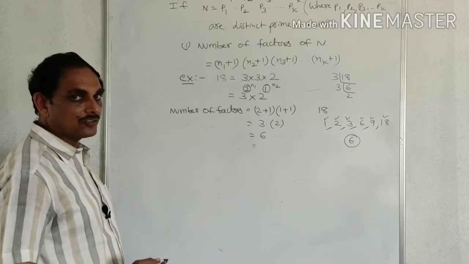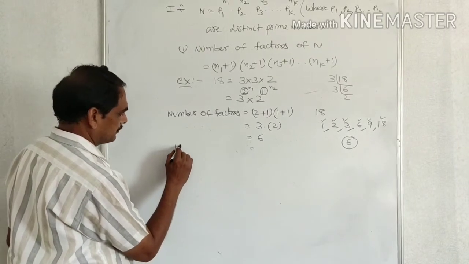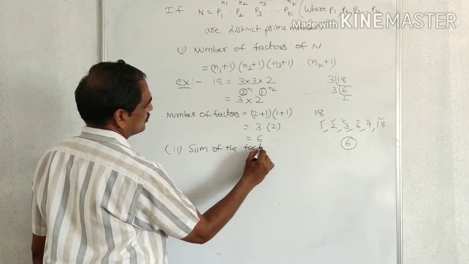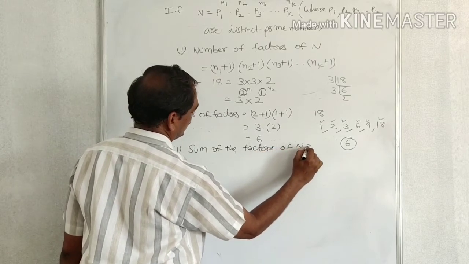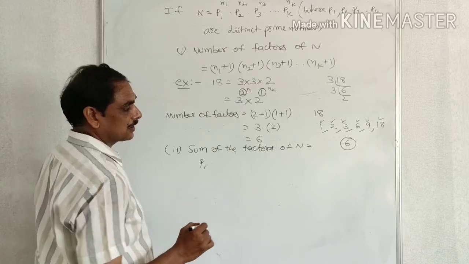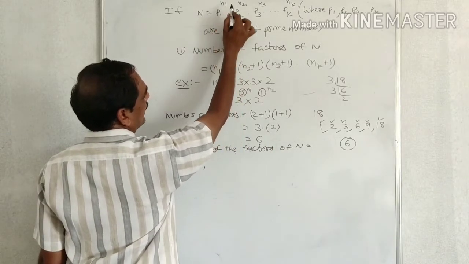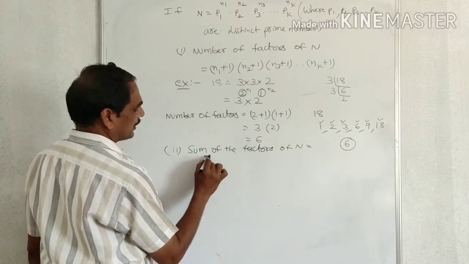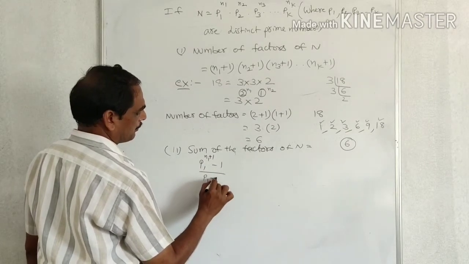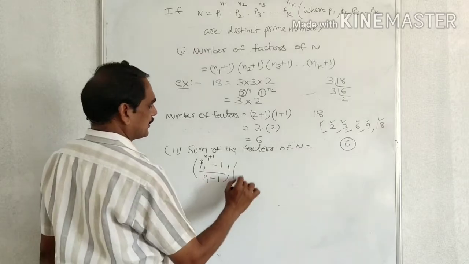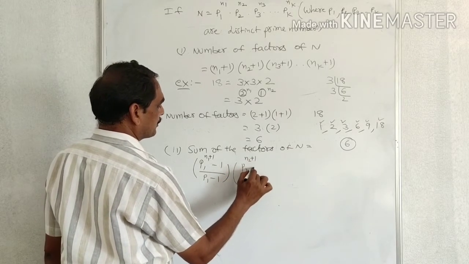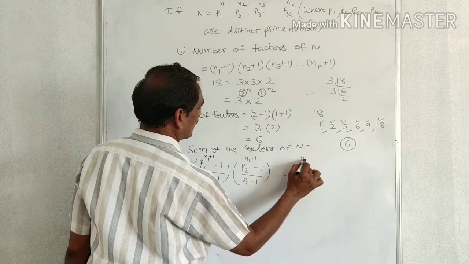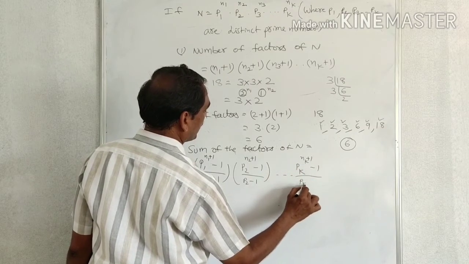Next, number 2, sum of the factors. The sum of the factors of n, where we write the number as p1 power n1, p2 power n2, p3 power n3 and so on, pk power nk, is equal to (p1 power n1 plus 1, minus 1) by (p1 minus 1), and (p2 power n2 plus 1, minus 1) by (p2 minus 1), and so on, (pk power nk plus 1, minus 1) by (pk minus 1).